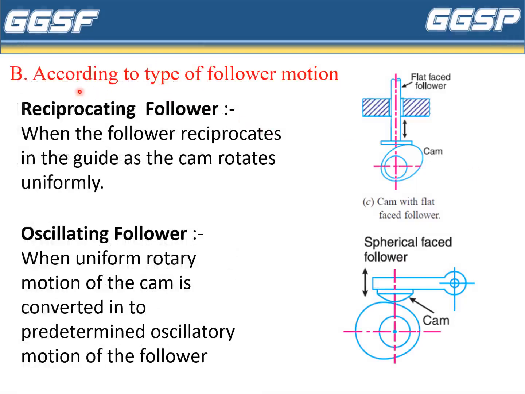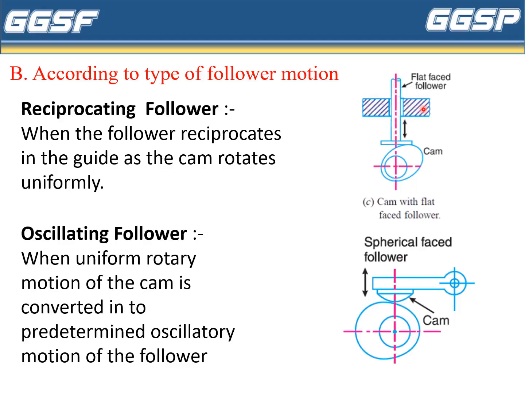Next classification is according to the type of follower motion. These are classified as reciprocating follower and oscillating follower. Reciprocating follower मतलब क्या कि follower during the operation इस guide के अंदर like this reciprocate हो रहा है. It is having a reciprocatory motion inside the guide.